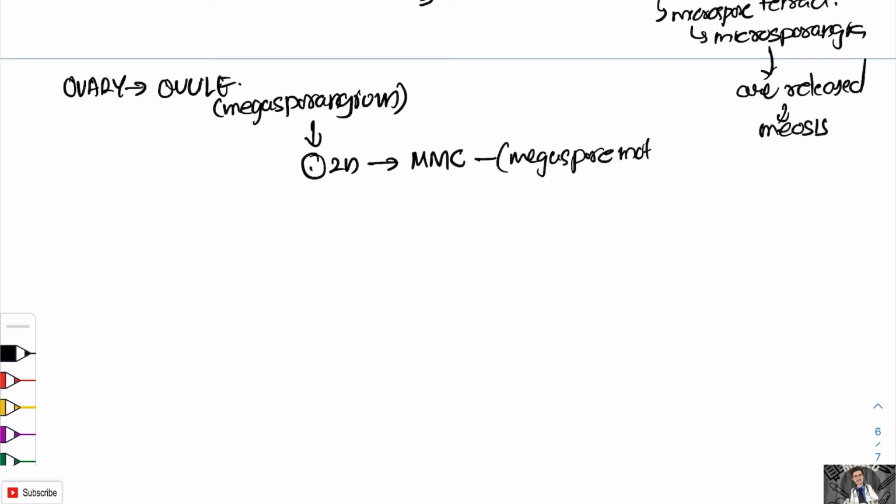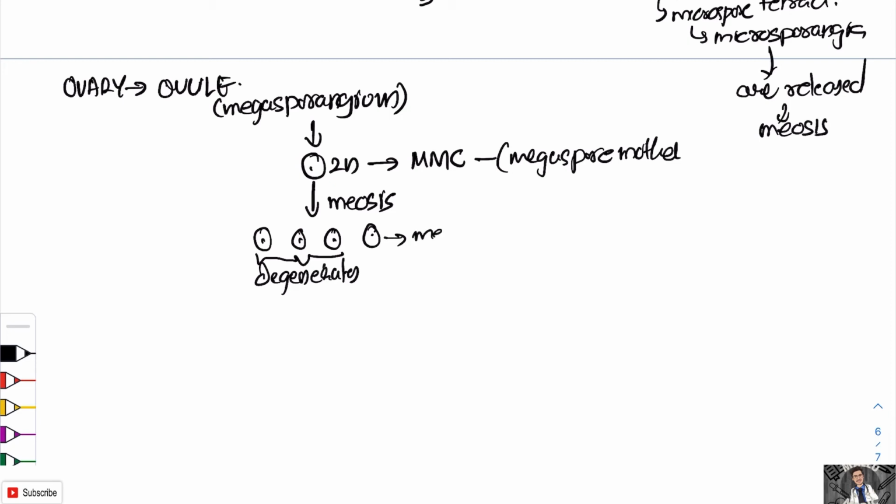Alright, and this undergoes meiosis, and as you know, when meiosis takes place, we have 4 haploid structures, and here 3 degenerate, and we are left with a single megaspore.